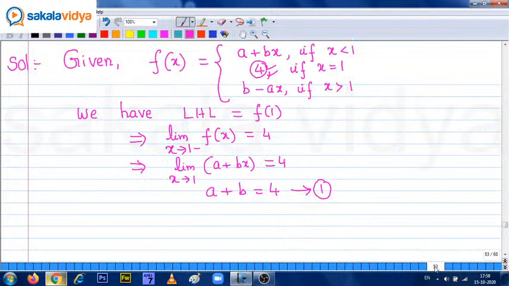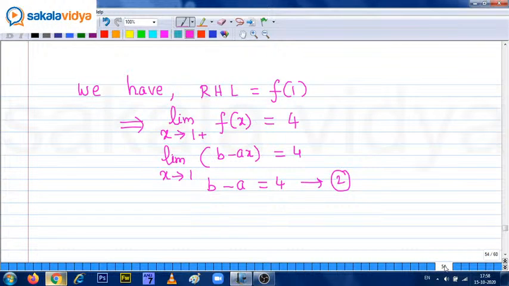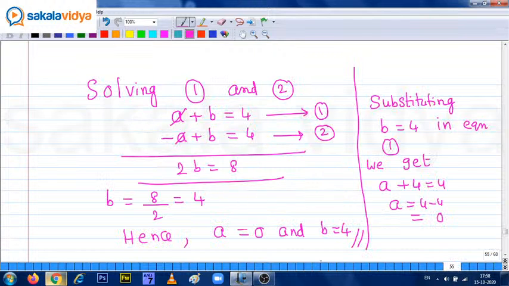This is the question. Second equation. This is the answer.